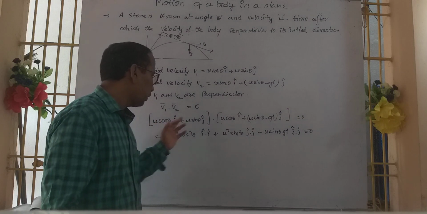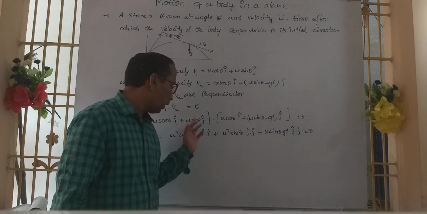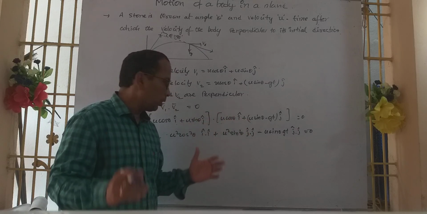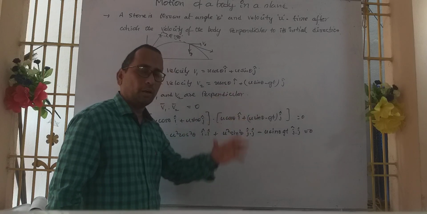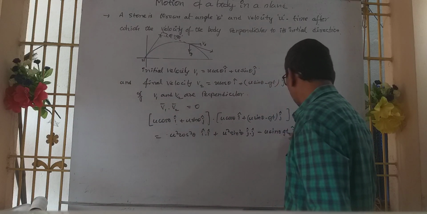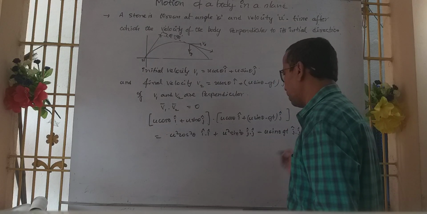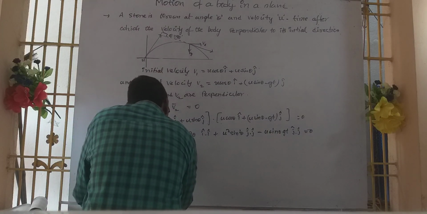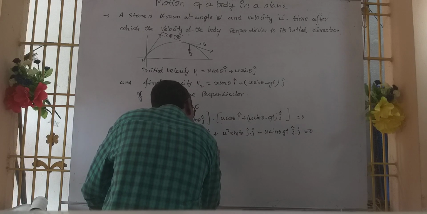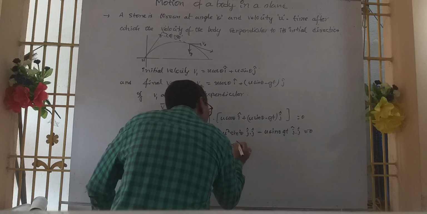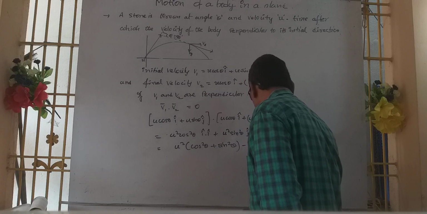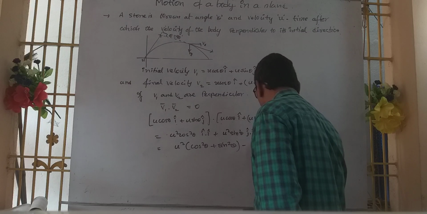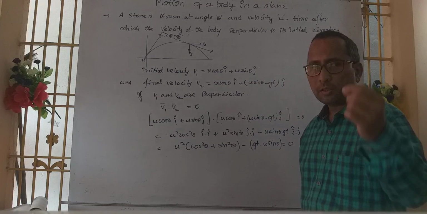Again: u square cos square theta i dot i, plus u square sin square theta j dot j, minus u sin theta gt j dot j is equal to 0. Here i dot i and j dot j are 1. u square is common, so u square into (cos square theta plus sin square theta), minus gt into u sin theta is equal to 0.